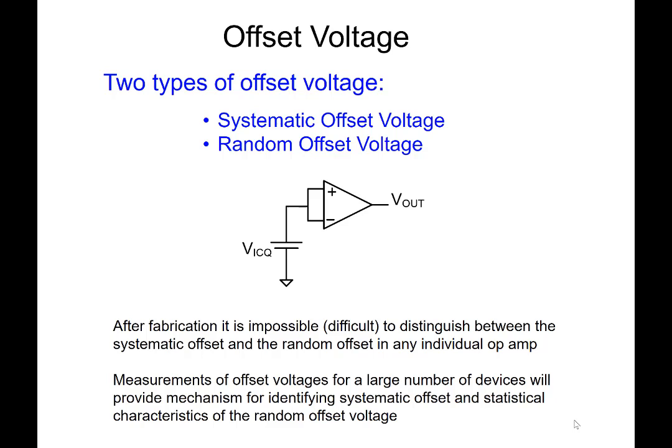And then any deviation from that for individual devices will be the random offset. So for a single device, you can't tell the difference between the random offset and systematic offset. But if you have 1,000 devices and average the offset voltage for all of those devices and subtract that from what you measure for an individual device, that will be the random offset of that individual device.